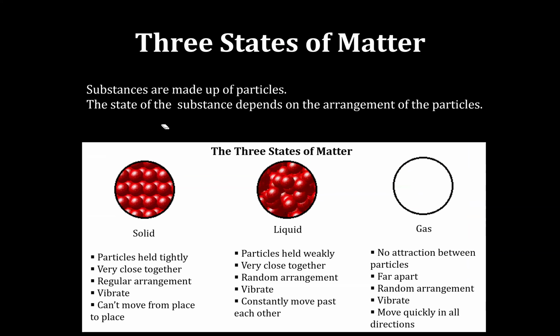Solid is very tightly packed. And you also have gas. Gas is much more spread out, and the movement is much faster. In a solid, the particles are held very tightly, very close together, in a regular arrangement.